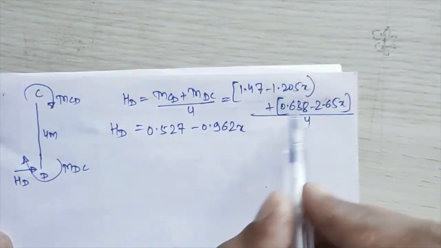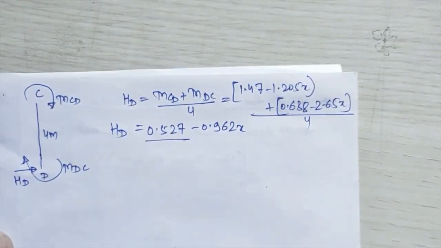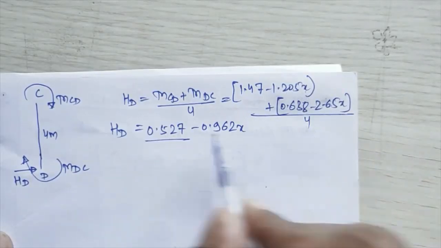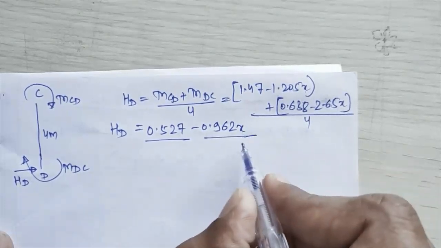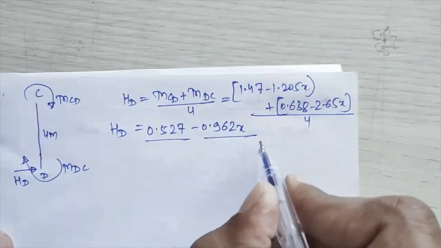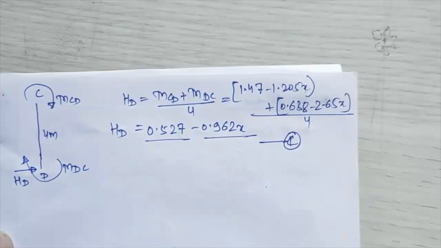Simplify the common terms first. Divided by 4, I get 0.527, and minus 1.205 minus 0.265 divided by 4, I get 0.962x. This will be my equation number C.